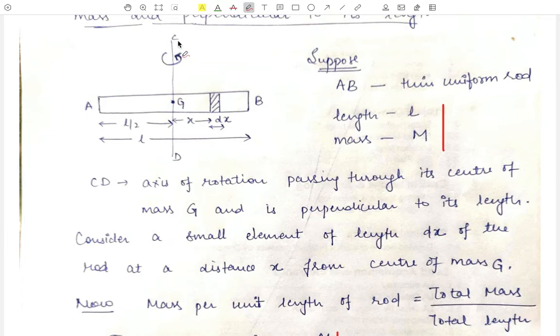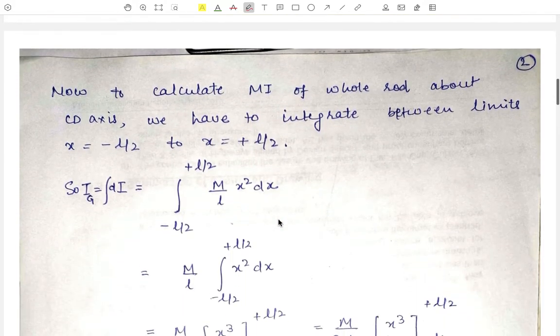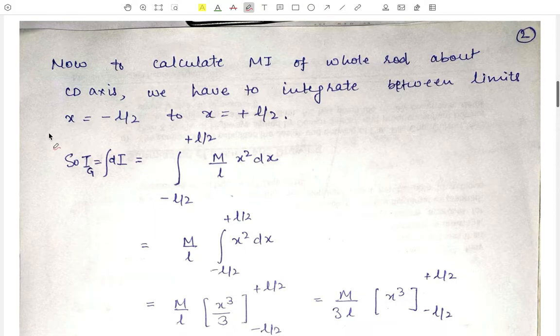Since our axis passes through the center of mass G, which is also the center of the length of the rod AB, G is at an equal distance L by 2 from both ends A and B. Therefore, the limits of integration will be minus L by 2 to plus L by 2. Now we can calculate the total moment of inertia Ig.